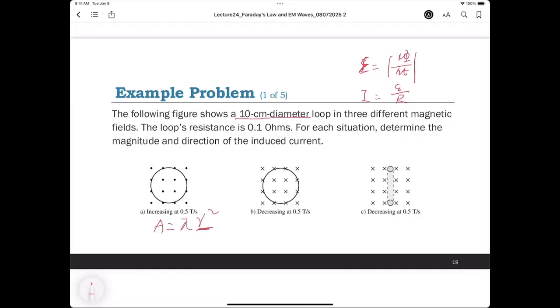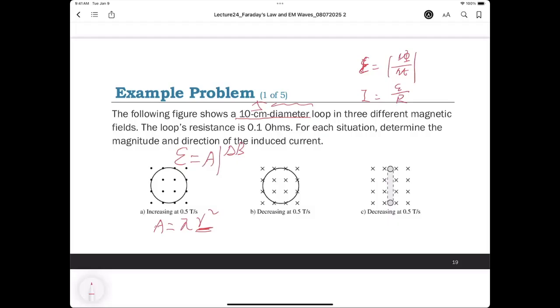Then you calculate A delta B, because the angle is, sorry, 0 degrees.